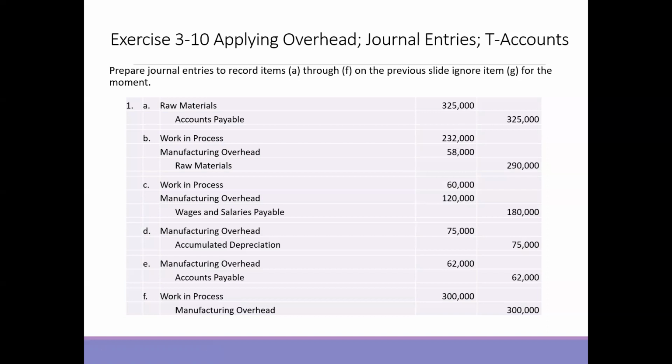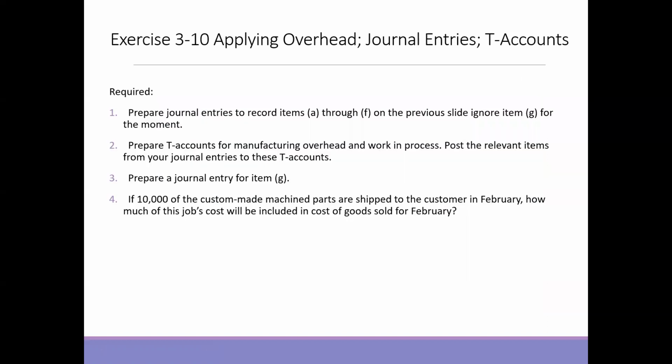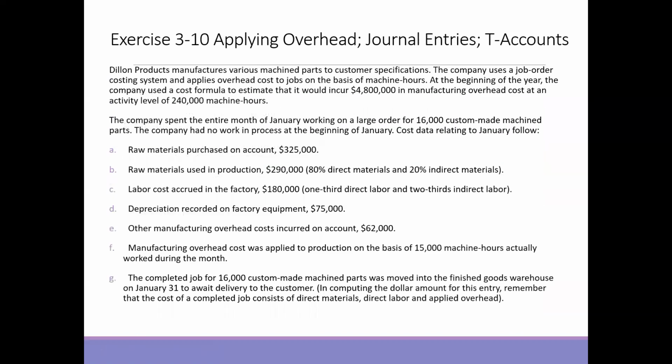And then when we completed, let me just see what F says. F says manufacturing overhead cost was applied to production on the basis of 15,000 machine hours actually worked during the month.